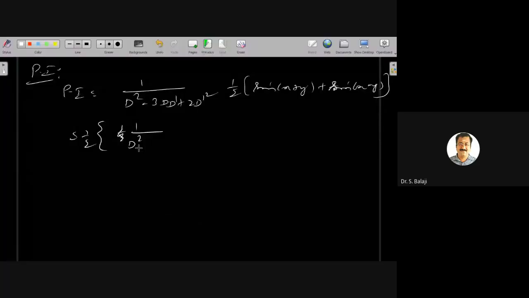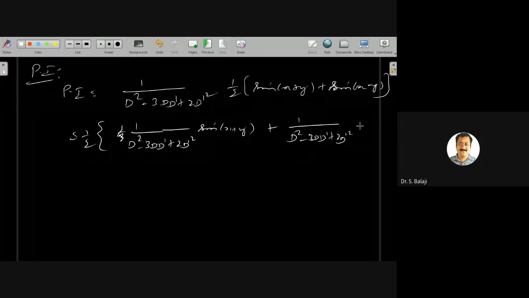We take 1 by 2 and split into two particular integrals: 1 by D square minus 3DD dash plus 2D dash square of sin(x plus y), plus 1 by D square minus 3DD dash plus 2D dash square of sin(x minus y).